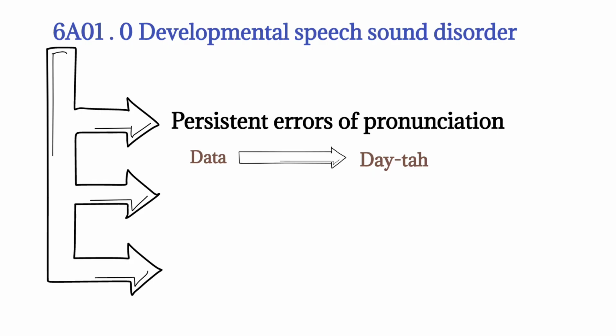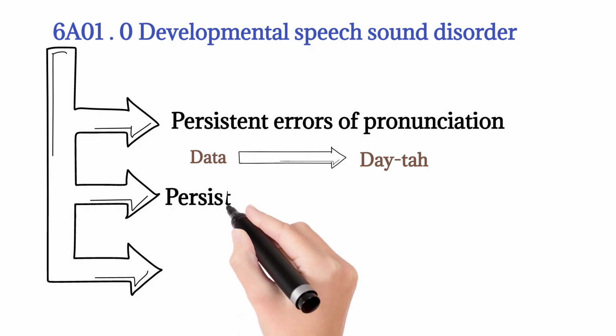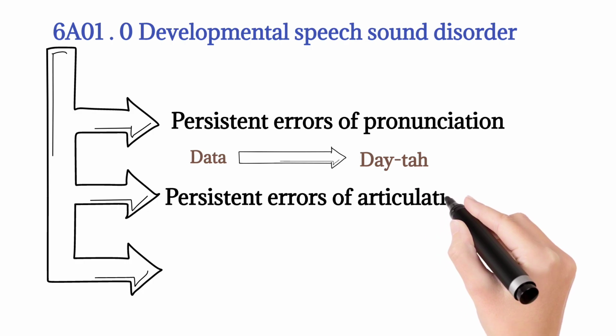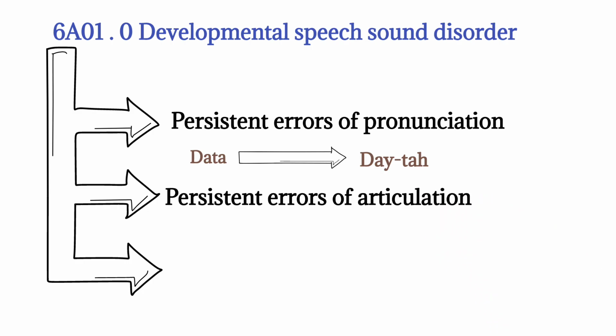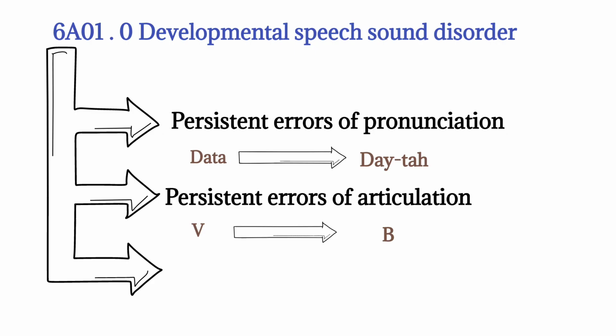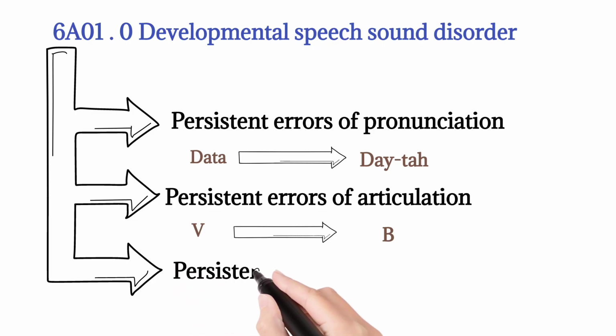Second is persistent error of articulation. It refers to the production of individual speech sounds. It involves movement of the tongue, lips and other articulatory organs. For example, for the alphabets B and V, we have to use different articulatory organs.